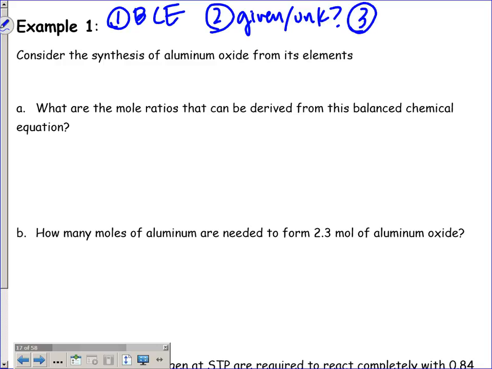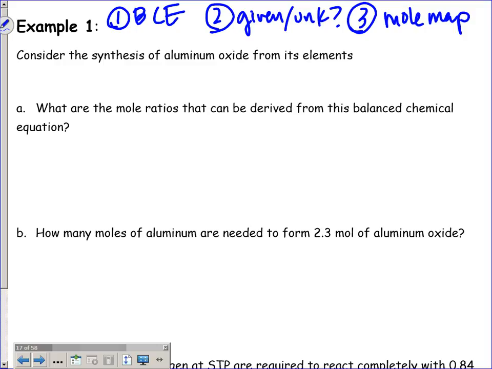And then step 3, you can use your mole map for now, but towards the end, we're going to try to wean ourselves off of that. So, using that logic, the very first thing is the balanced chemical equation. Write down the synthesis of aluminum oxide from its elements. I'll give you a second to start that first. And when it says synthesis of aluminum oxide, it means you're producing aluminum oxide.